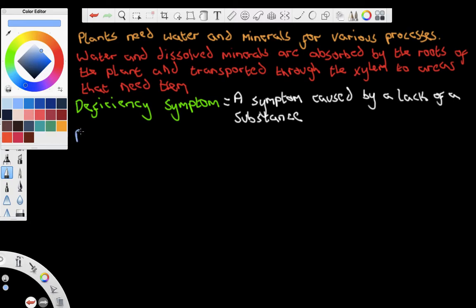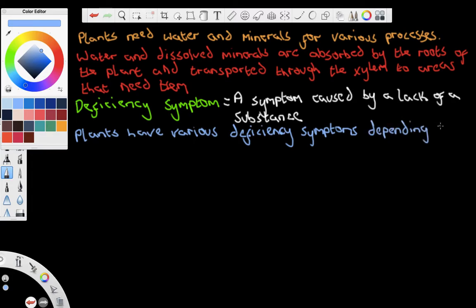We can say that plants have various deficiency symptoms depending on the substance they're deficient in.